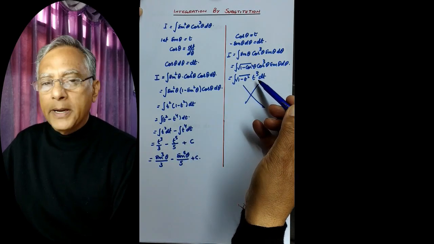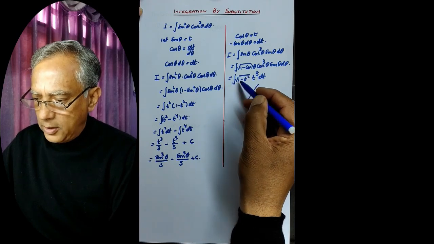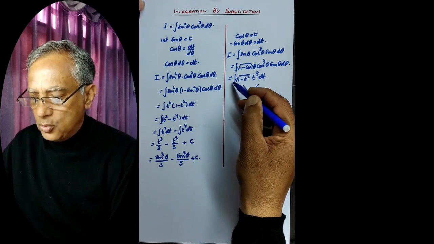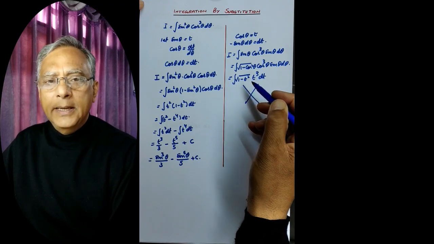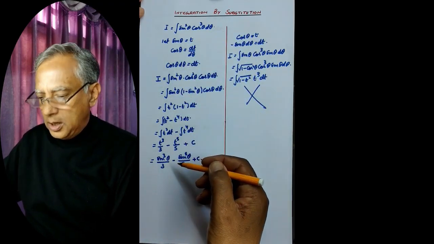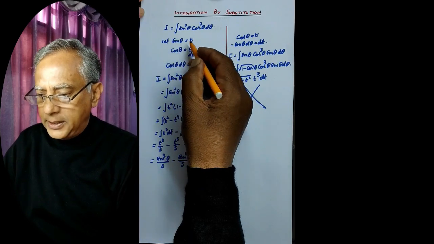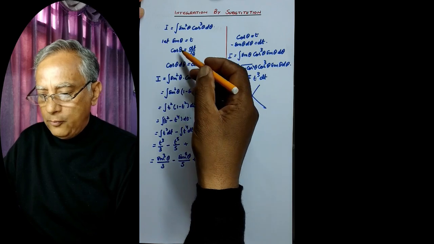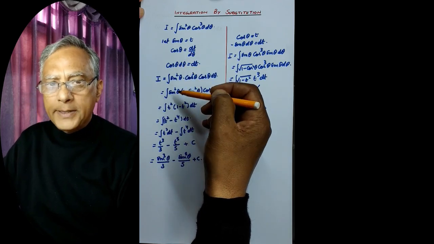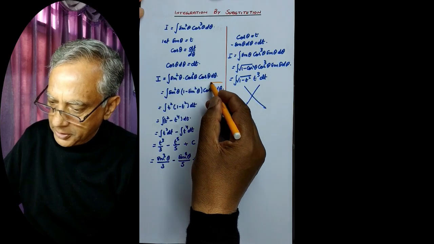It is further complicating the question, and in the absence of a chain rule for integration, we will not be able to integrate this easily. I once again explain how to carry out this substitution. Now, when we put sine theta equal to t, we must keep 2 points in mind. One is simplification. This is the simplification part.